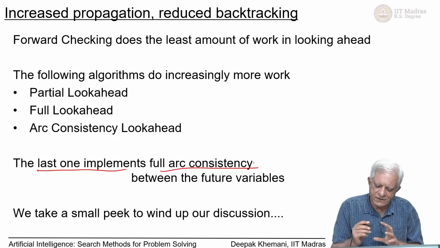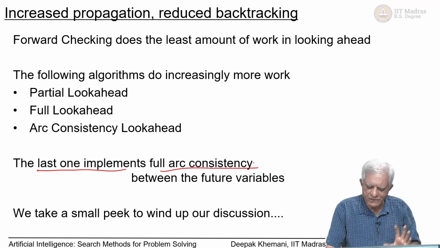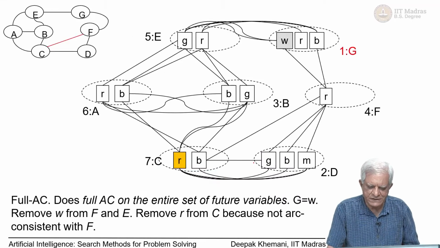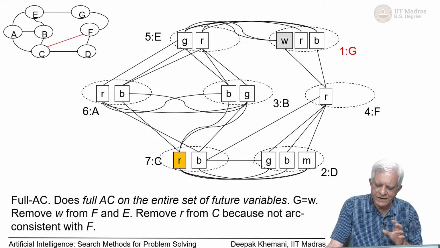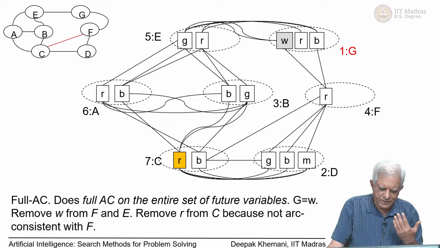So, it will try to see whether all the future variables can be made fully R consistent, and we take a quick look at this before ending up our discussion on constraints essentially. So, the same problem that we have and the same algorithm, which is now we are looking at R consistency look ahead.